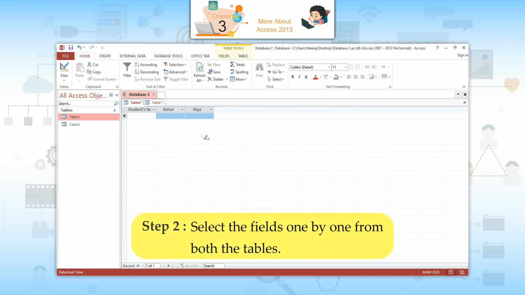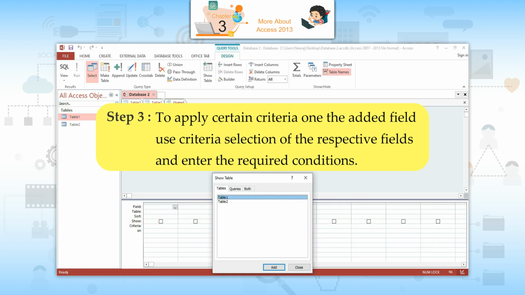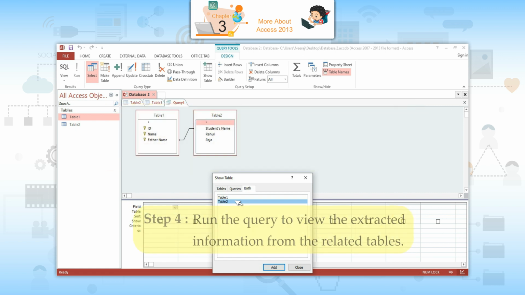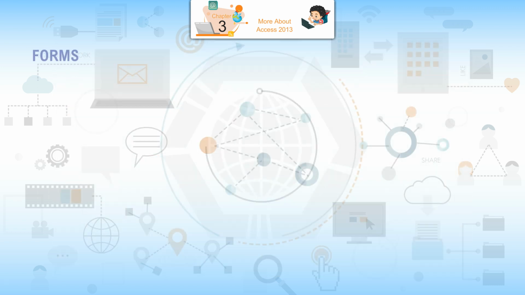Step 2. Select the fields one by one from both the tables. Step 3. To apply certain criteria, in the Criteria section of the respective added fields, enter the required conditions. Step 4. Run the query to view the extracted information from the related tables.